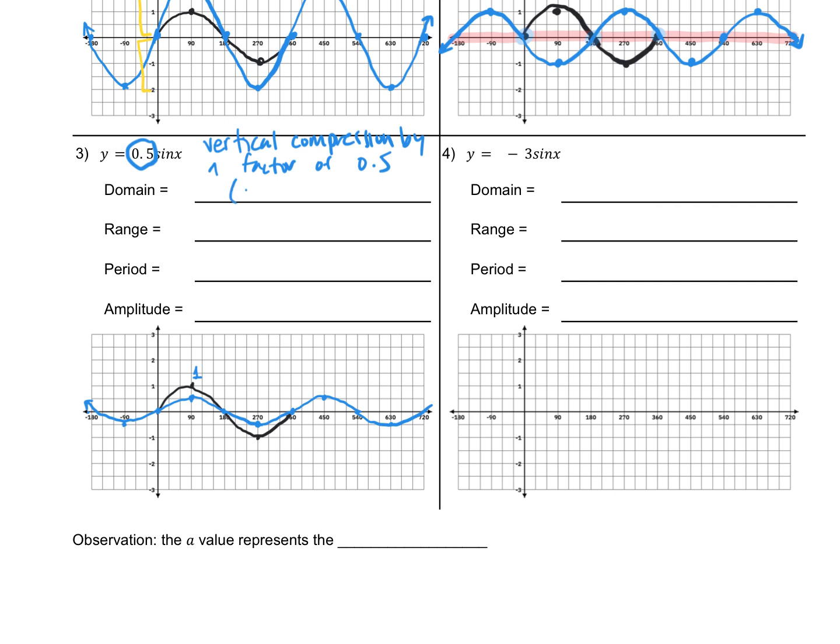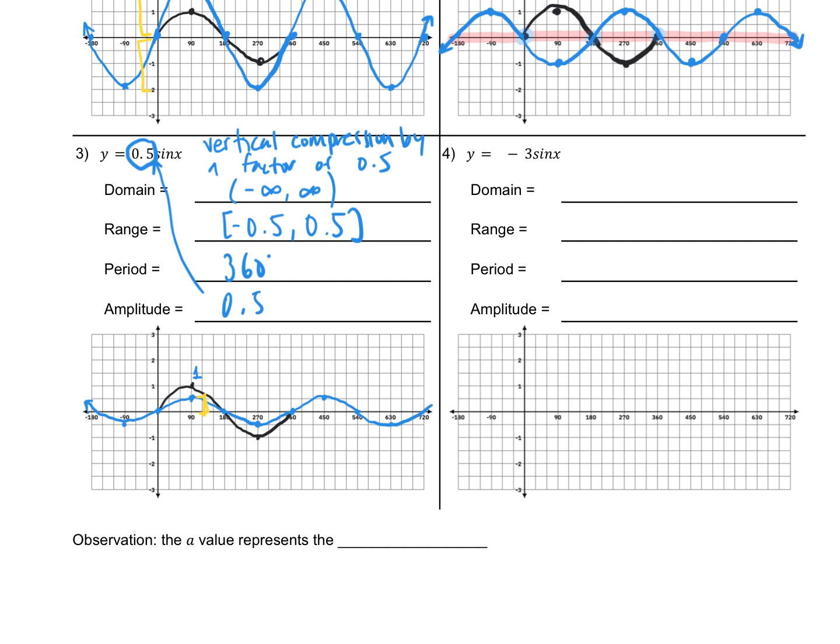So, domain, still infinite. Range has changed. Our minimum is now -0.5, our maximum +0.5. My period has not changed, my amplitude has. The new distance from the maximum to the midline is now 0.5. Again, matching that A value.